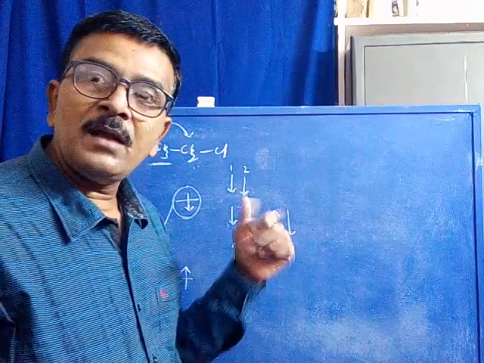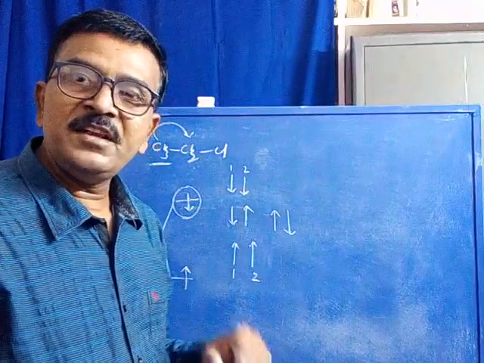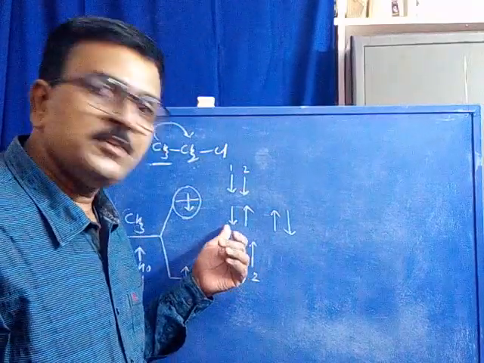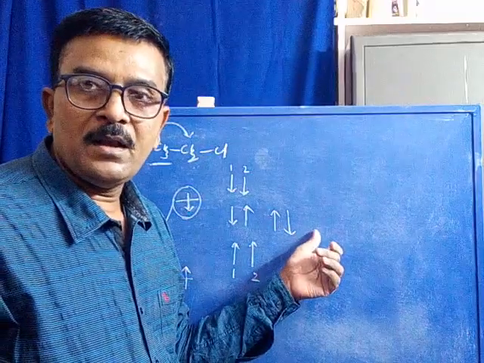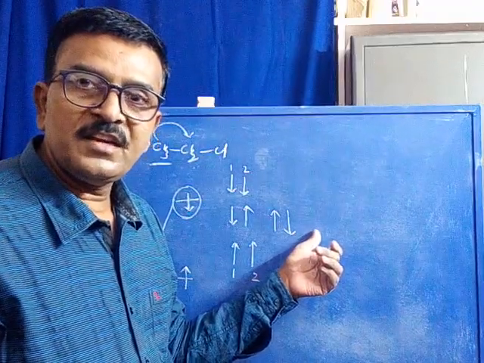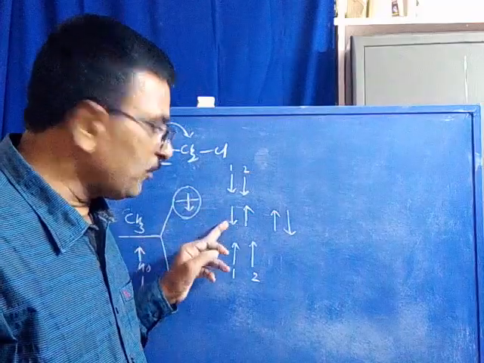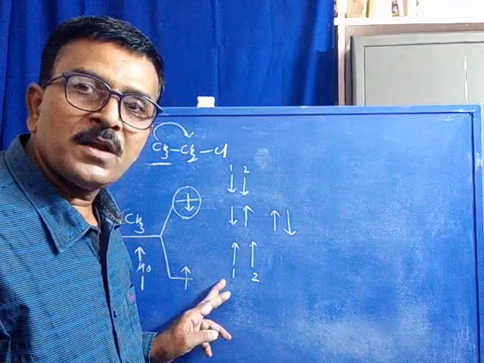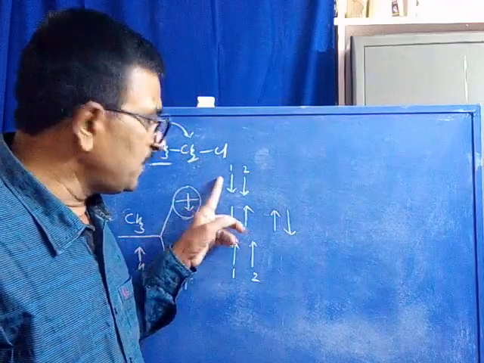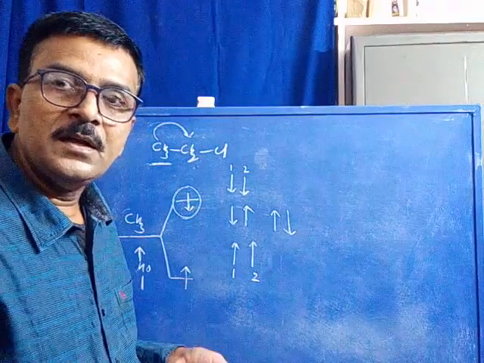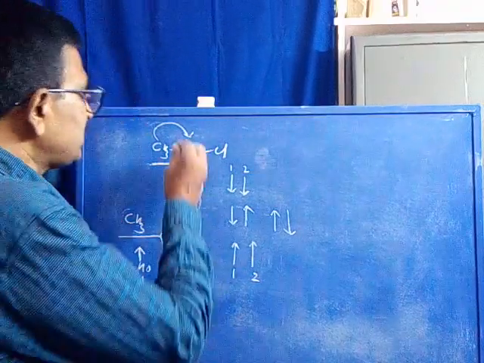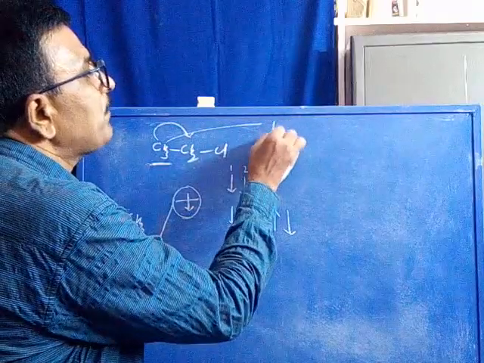Both will have one parallel, one anti-parallel, but the combination is different. That means first is parallel, second is anti-parallel; first is anti-parallel, second is parallel. Makes no difference. Is it clear? So the total number of orientations for CH2 protons is 3. Therefore, a CH3 signal appears as a triplet.